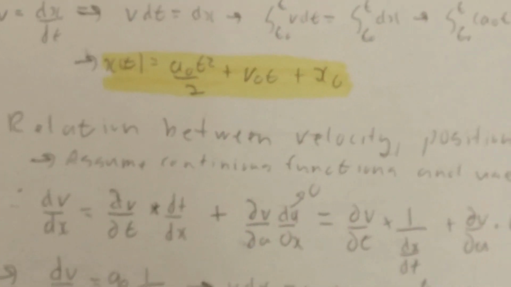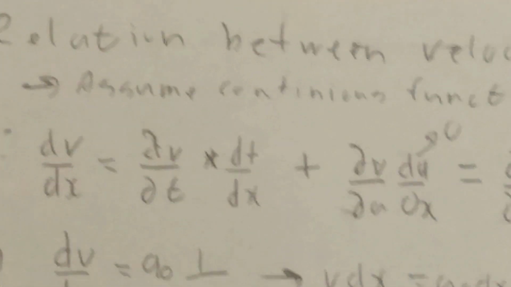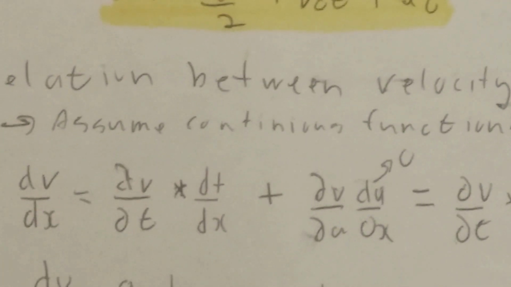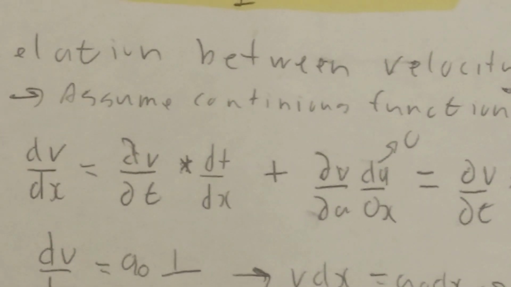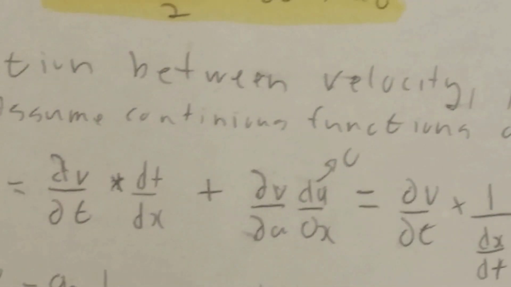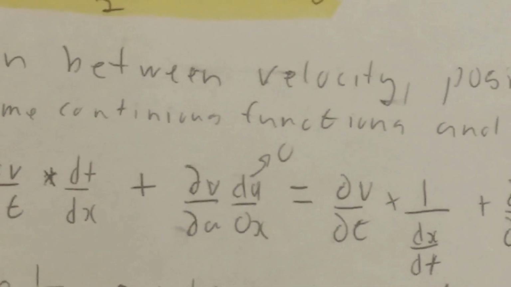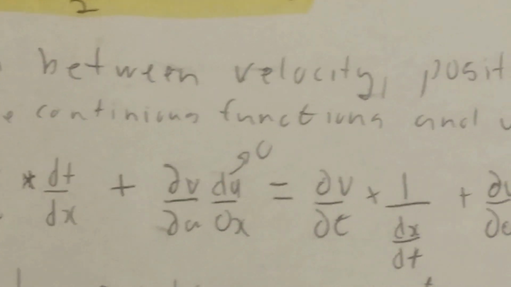Next, we define the relationship between velocity, position, and acceleration. This relationship is independent of time, and we derive it as follows: dv/dt equals the partial derivative of velocity with respect to position times dx/dt plus the partial derivative of velocity with respect to acceleration times da/dt.